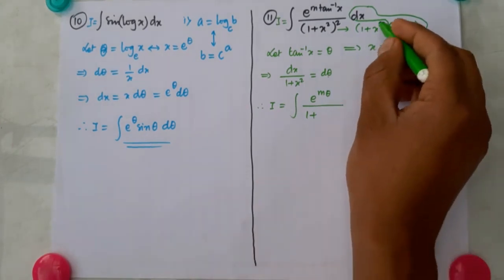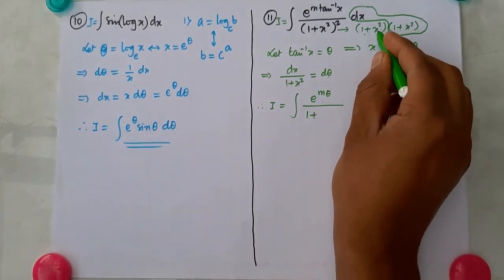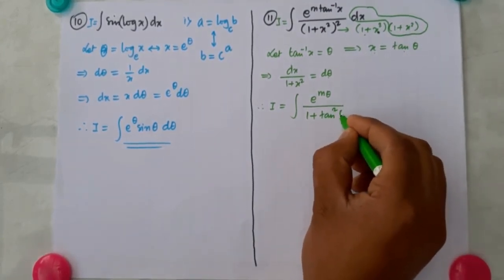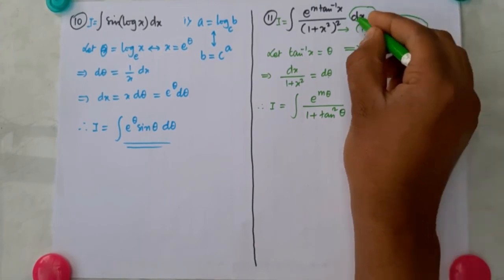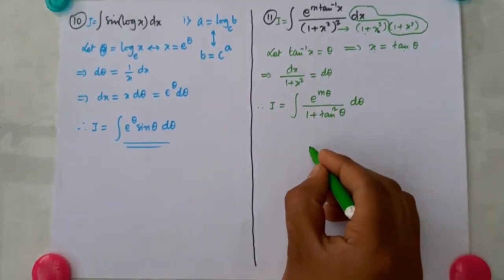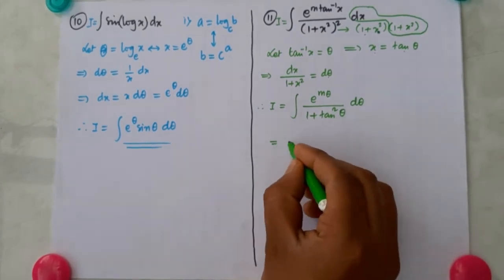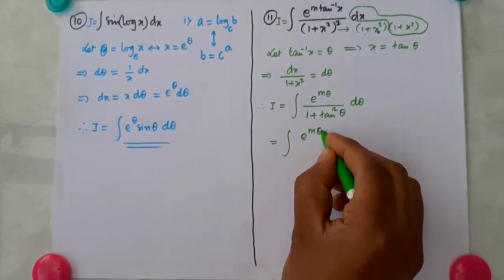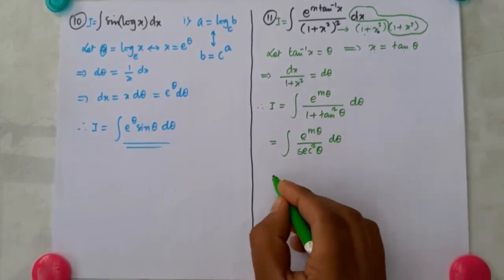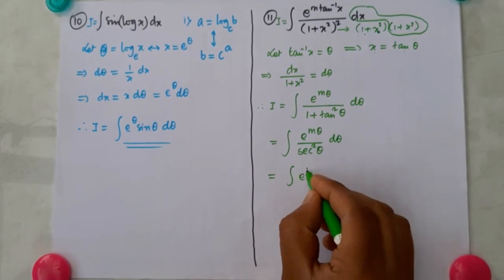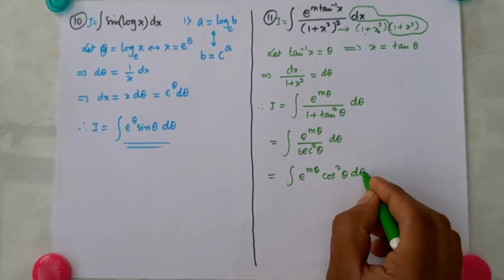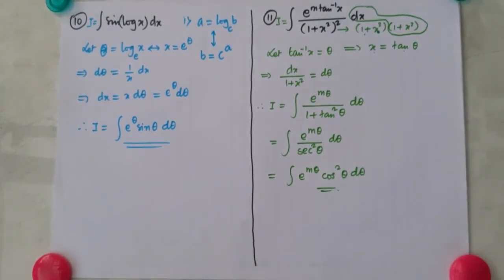So 1 plus x square is left, and x is tan theta, so I have to write tan square theta, and for the remaining one, that is dx by 1 plus x square, I'll write d theta. I hope this is clear to you. So we have e to the power m theta, and 1 plus tan square theta is sec square theta, d theta. So this is e to the power m theta sec square theta d theta. Now after this also you will be able to do it by yourself.